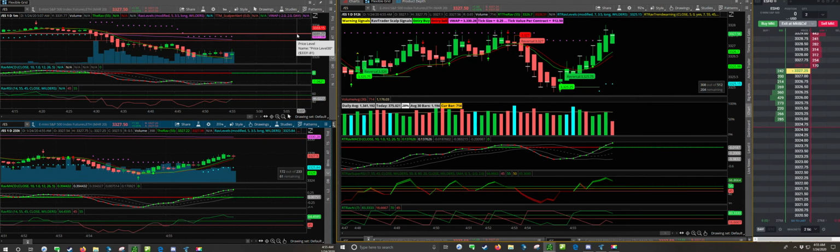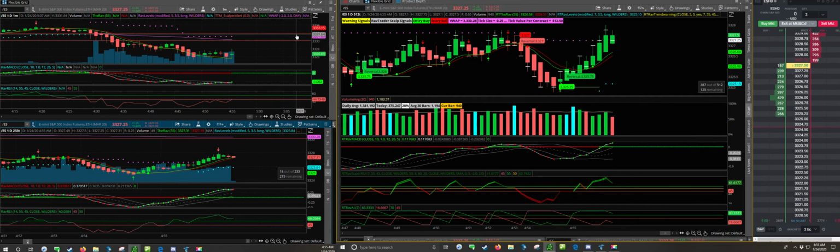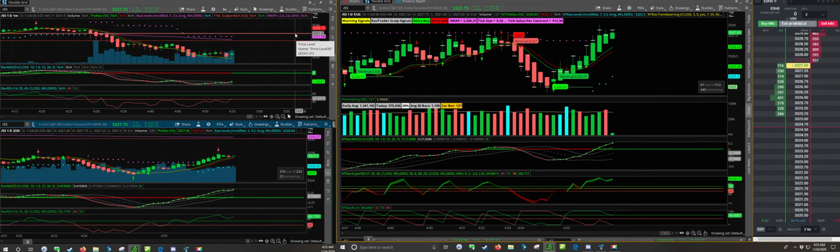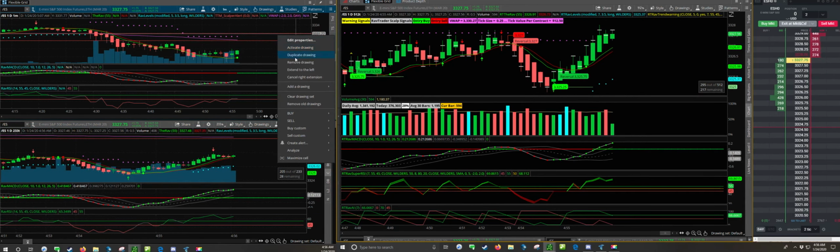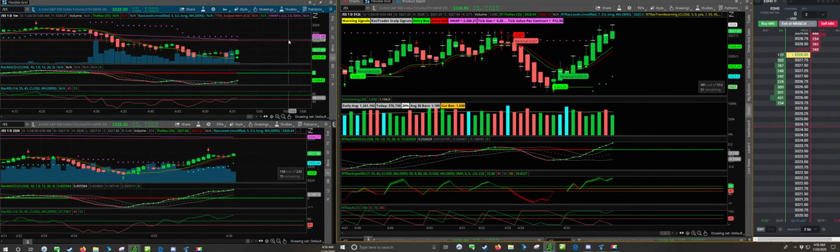There's the breakout of the magenta. Still got that 28 long. Let's see if we make a run on this 28. 28 long triggered.